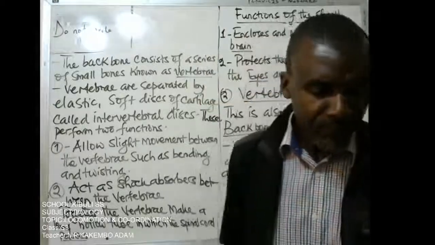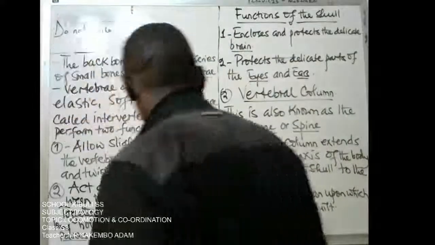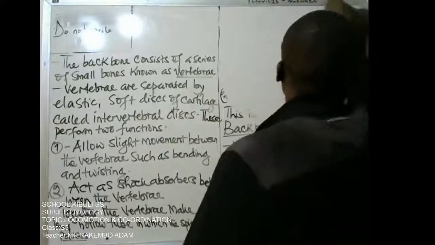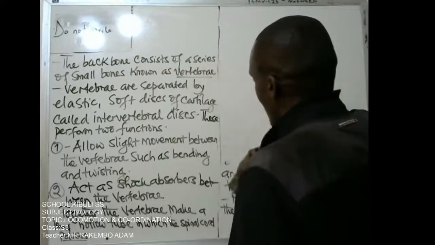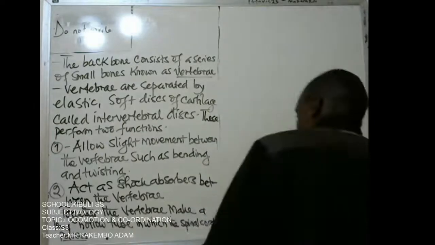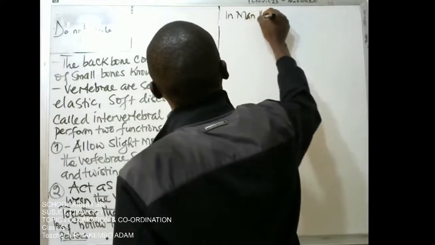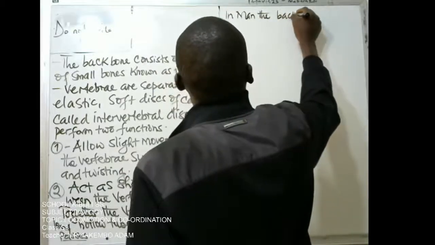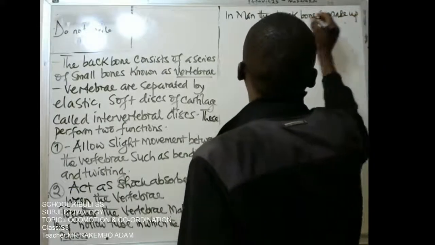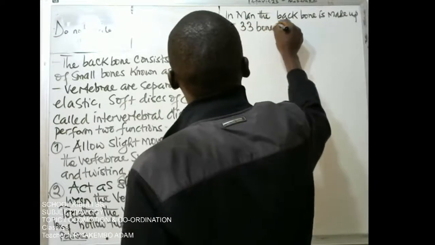So in man, the backbone is made up of 33 bones.